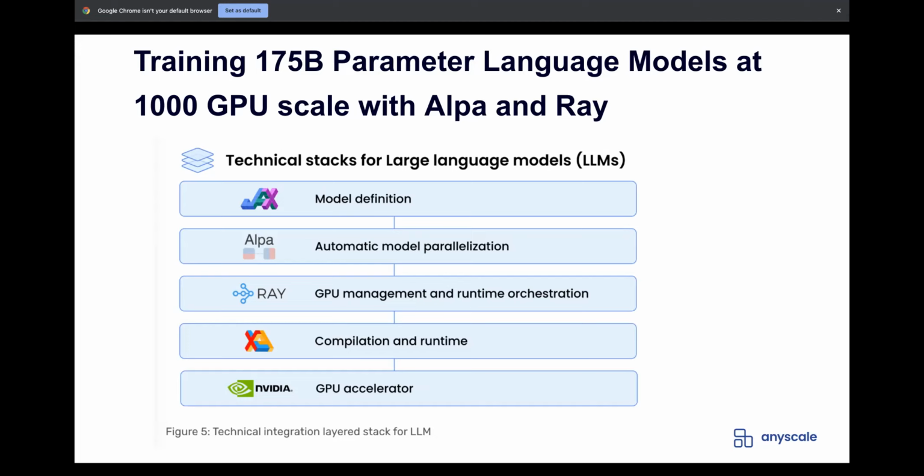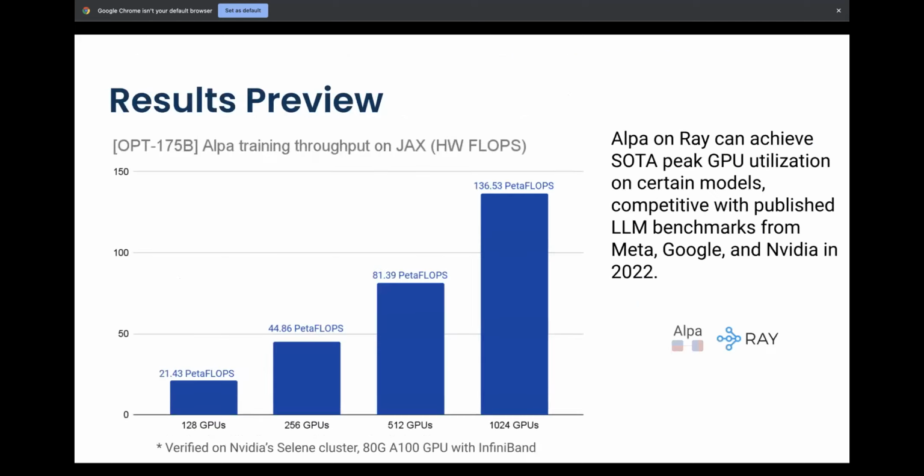This is the stack that we used to really push the boundary. When training this 175 billion parameter model, which is really the state of the art, we exceeded the performance of all existing solutions. Here are the actual results if you're interested. We compare the petaflops that you can achieve on different numbers of GPUs.